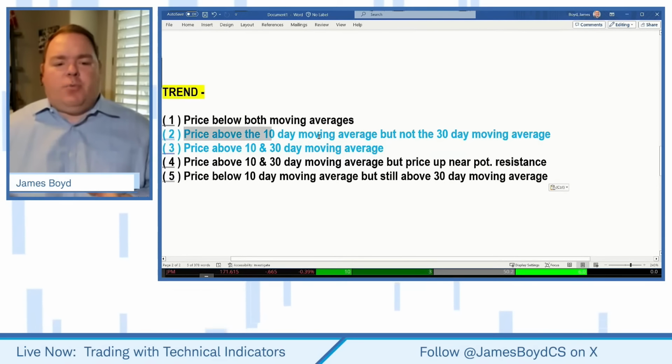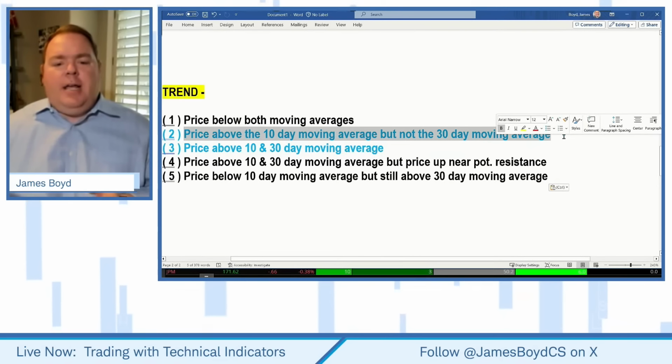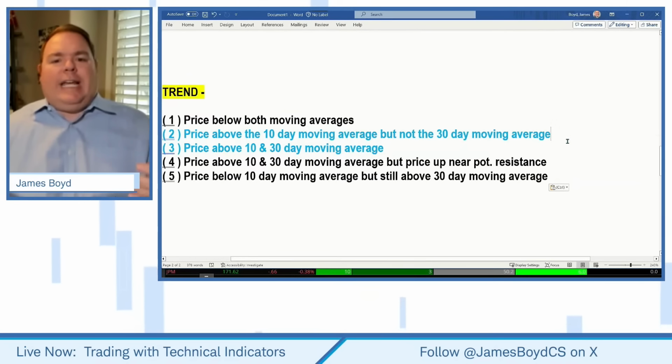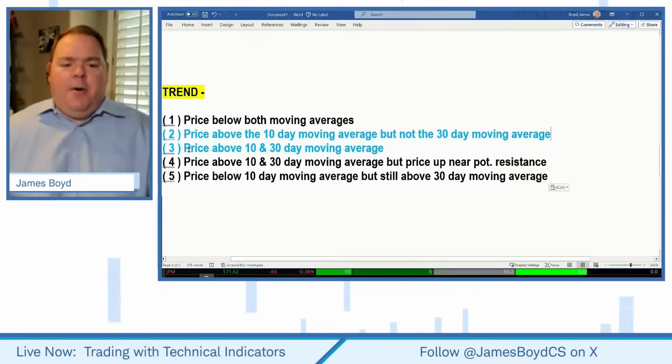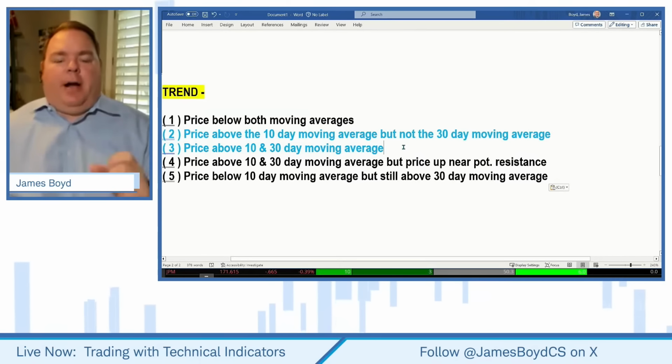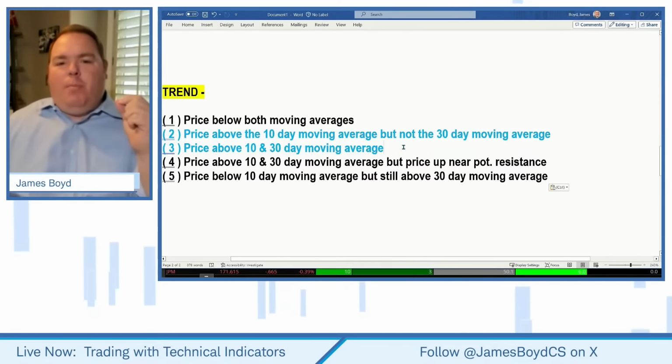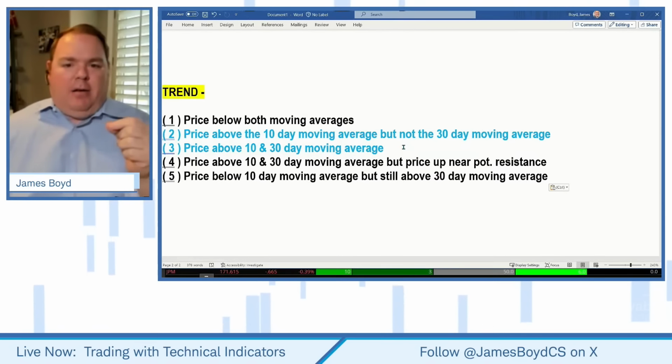Now, notice when the price is above the 10 but not above the 30, this is what we call regaining bullish momentum. Notice we said a lot on momentum and trend here today. If we have a number 3, price is above the 10 and the 30 period moving average, we have momentum and trend.